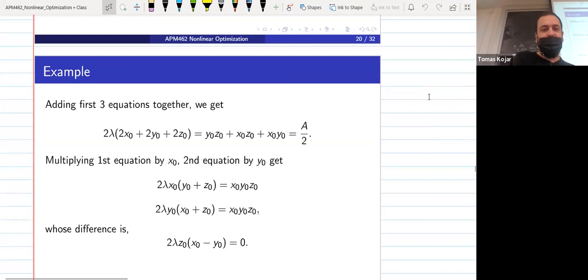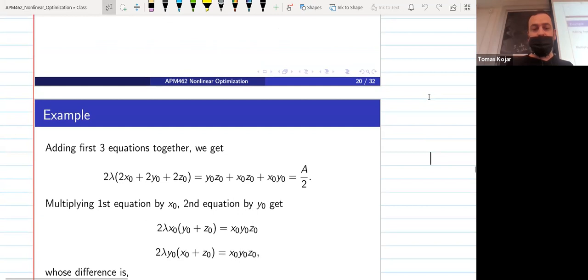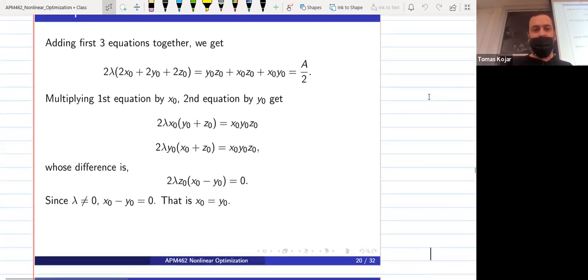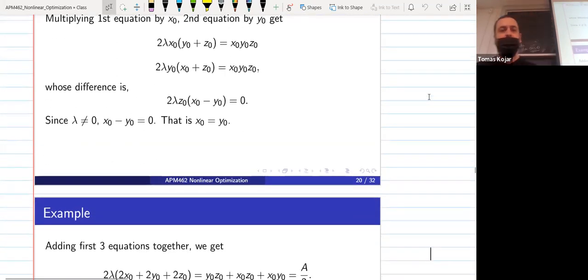So here's a trick. Yes, I added x naught y naught, but I got the same guy on the right. So I'm forced to have the following constraint: the first two lengths are equal. And you can imagine this is a box, you will get the same thing for z naught.